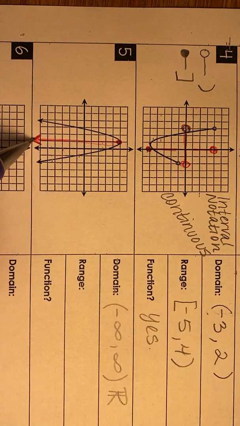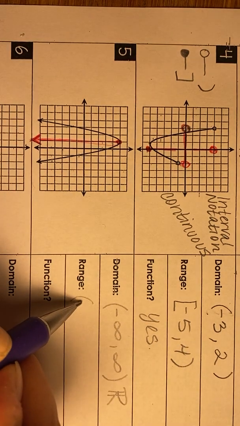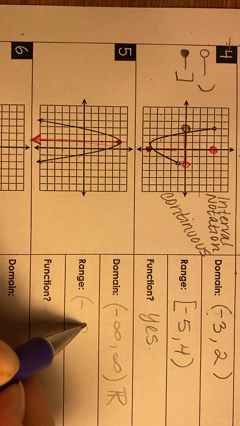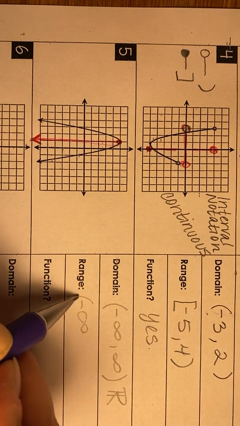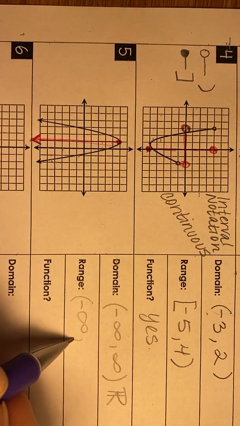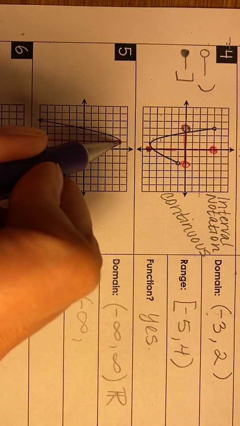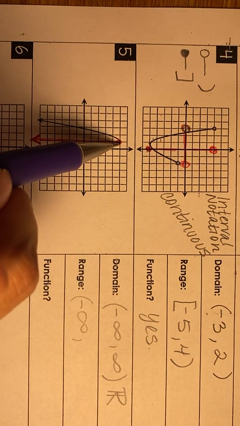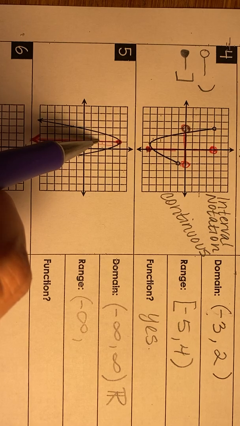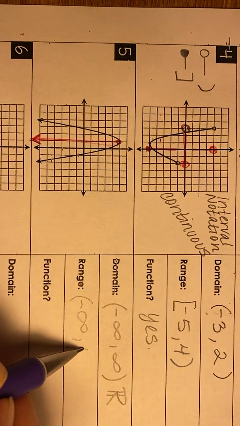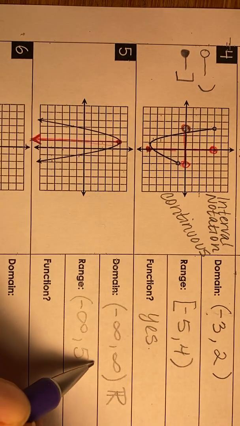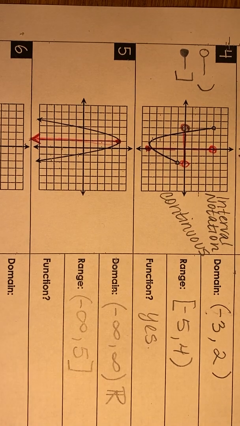Now, how do we define that? Going on forever in a negative direction? Open, always infinity is open, or parentheses, comma, but it does have an end when you get to the maximum going up, and that is 5. And it is closed like that with the bracket.